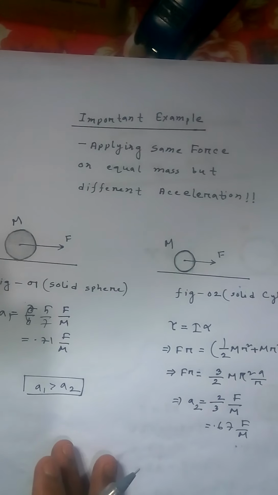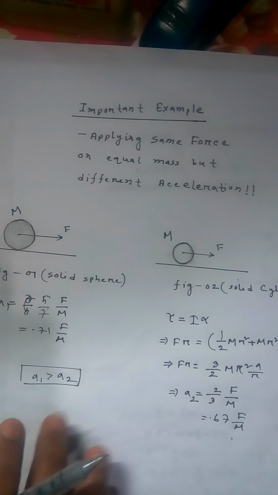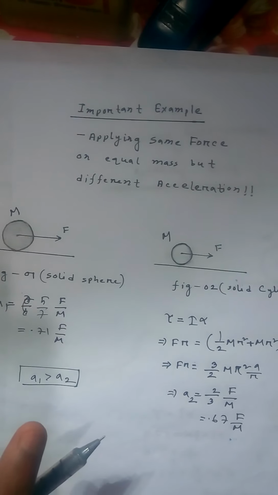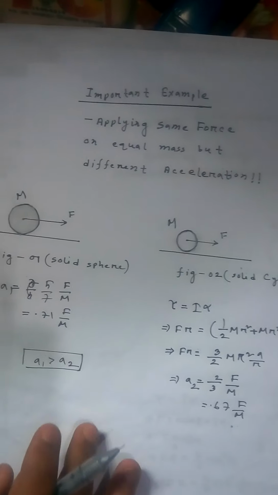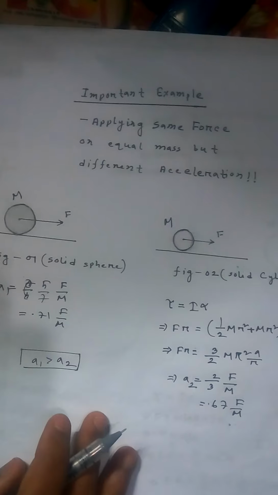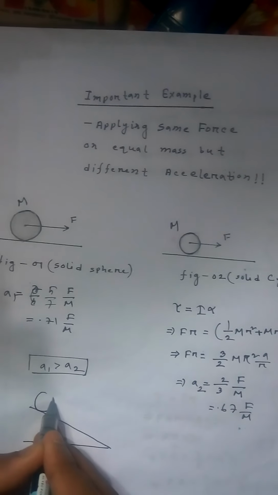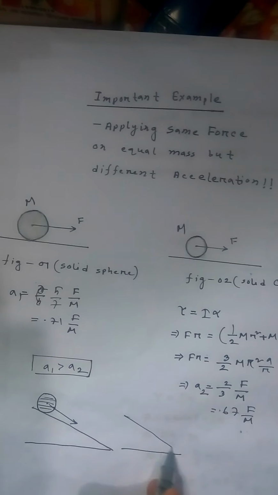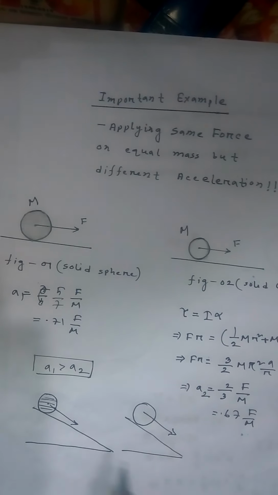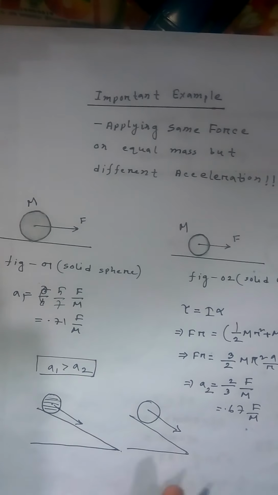Here is an important theory. Now I have a very important example from the book of Resnick Halliday, where they want you to know about a problem: if there is an inclined plane and we have a solid cylinder here, and the same inclined plane and a solid sphere here, then what will go faster to the ground, and what takes the smaller time to reach the ground?